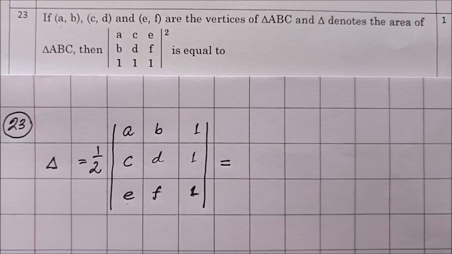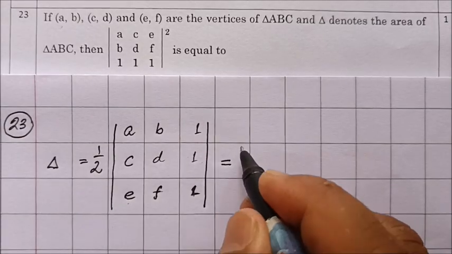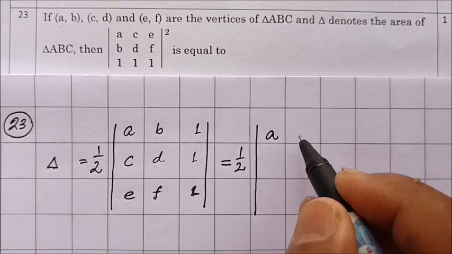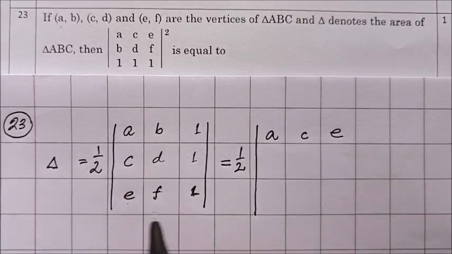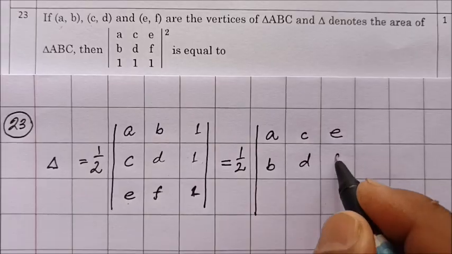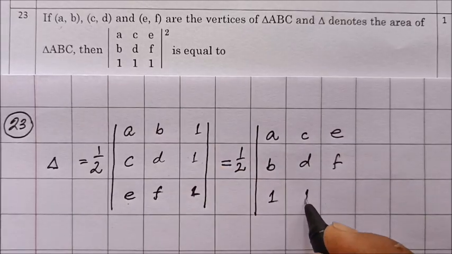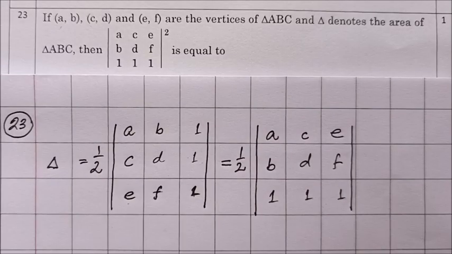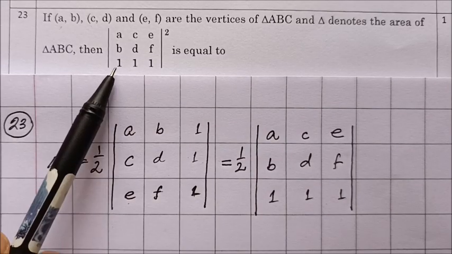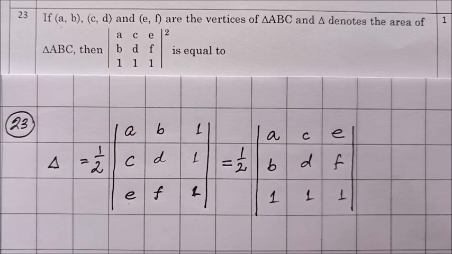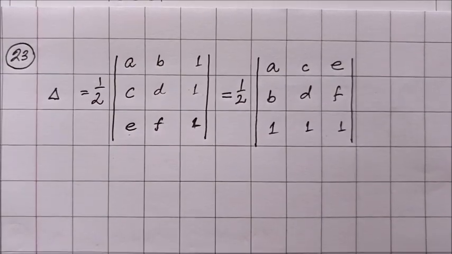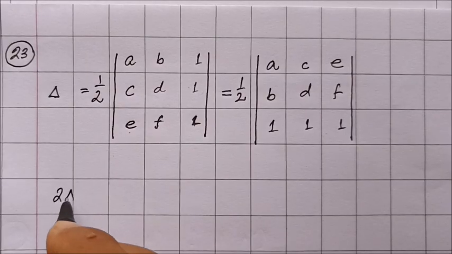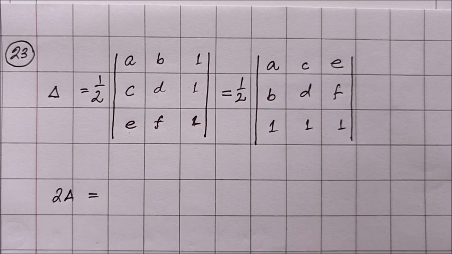So therefore if I take transpose of this determinant, we will get half of this first column will become first row a, c, e, second column will become second row, third column will become third row. Now we have to see the question, then what is the value of this determinant, right? So what are we going to do after this? We'll multiply this 2 on the left side, so we'll get 2 delta is equal to this determinant.